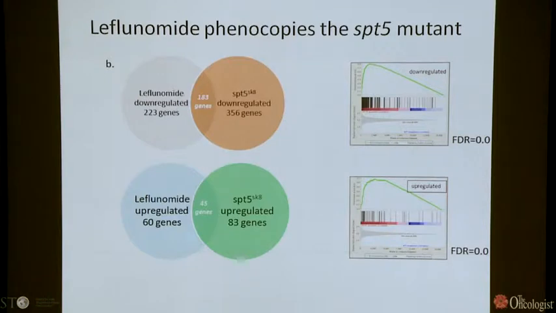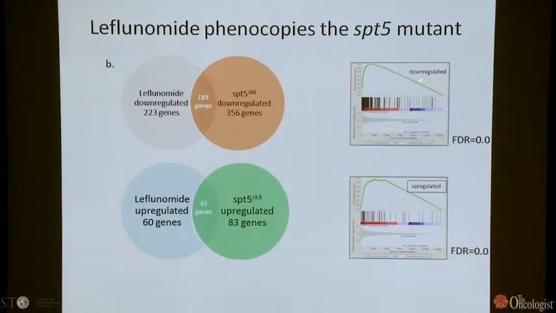So while working on trying to understand the mechanism by which leflunomide affected these effects, we noted that leflunomide strongly phenocopied a particular class of mutations in the zebrafish embryo, all of which were centered around the gene SPT5. Here I'm showing a GSEA plot where we compare the gene expression profile of embryos treated with leflunomide compared to embryos that have been mutated for the SPT5 gene, an inactivating mutation.